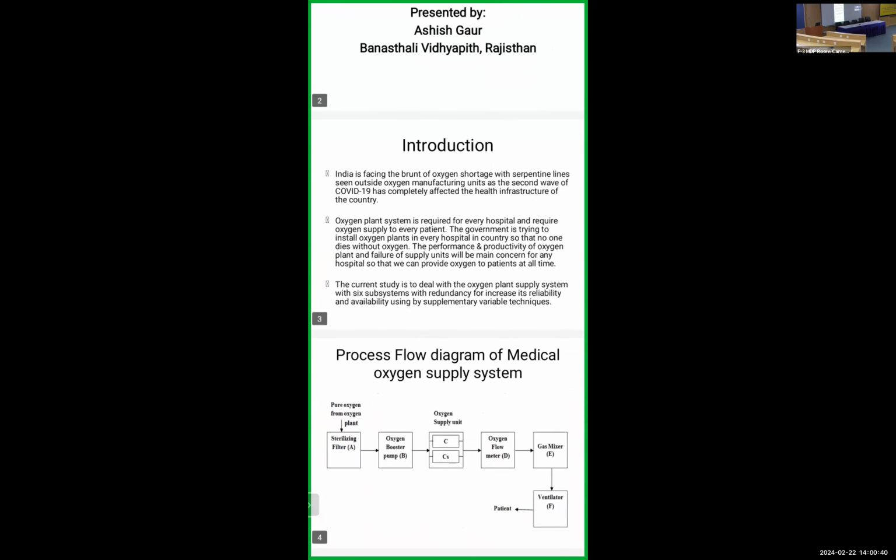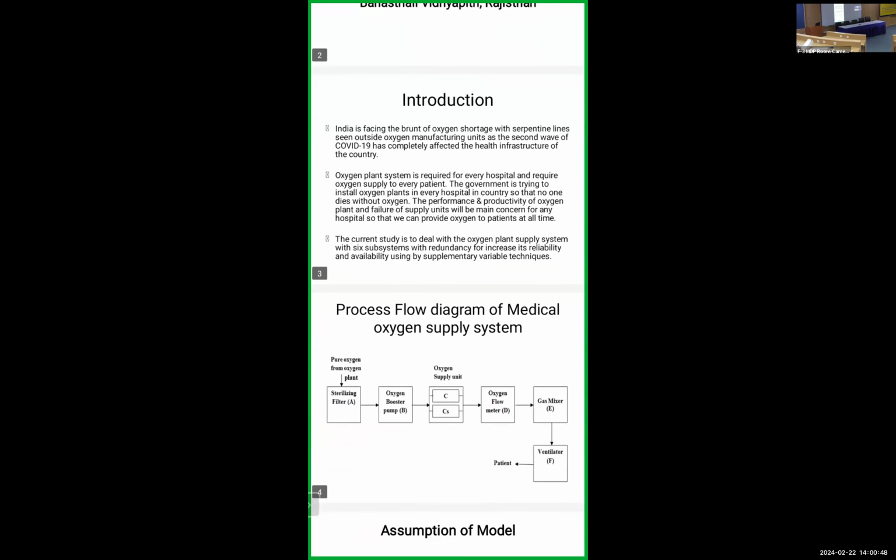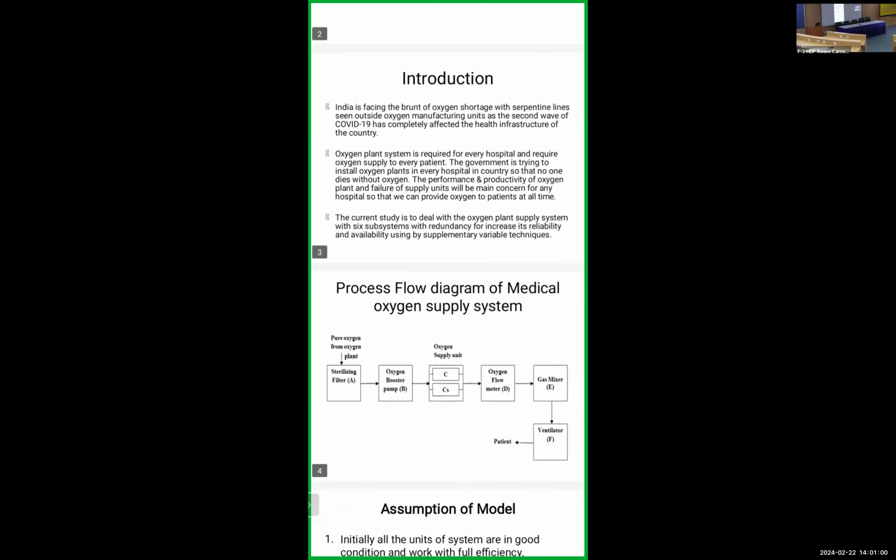An oxygen plant system is required for every hospital to supply oxygen to every patient. The government is trying to install oxygen plants in every hospital in the country so that no one dies without oxygen after COVID. The performance and productivity of the oxygen plant and failure of the supply unit will be the main concern for any hospital.